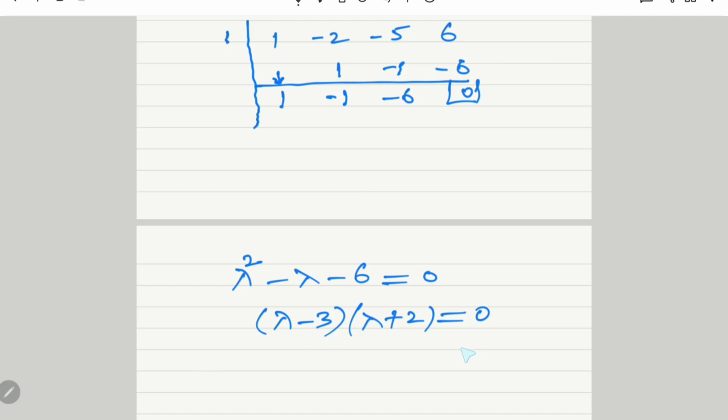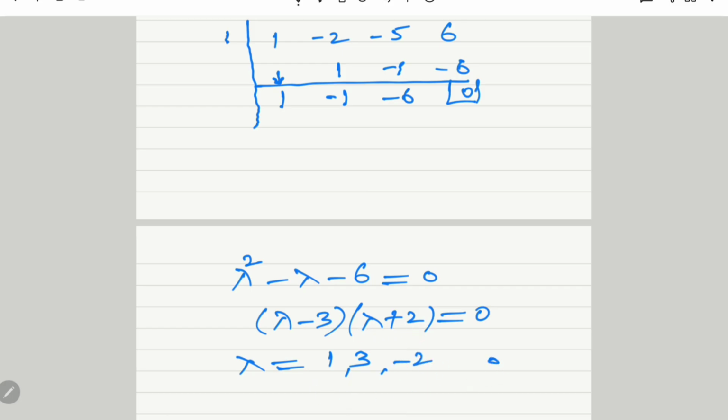Therefore these are the remaining factors, and equating each to 0 we get lambda is equal to, the first root is 1, the second one is 3 and minus 2.